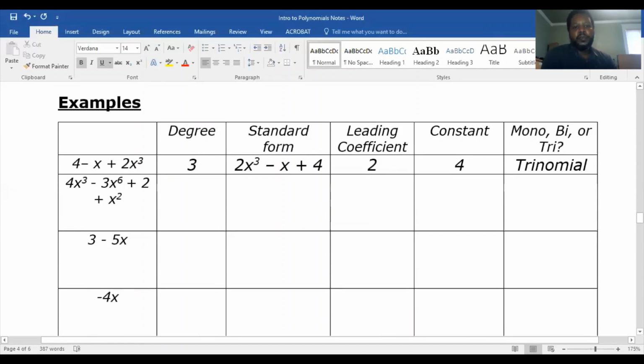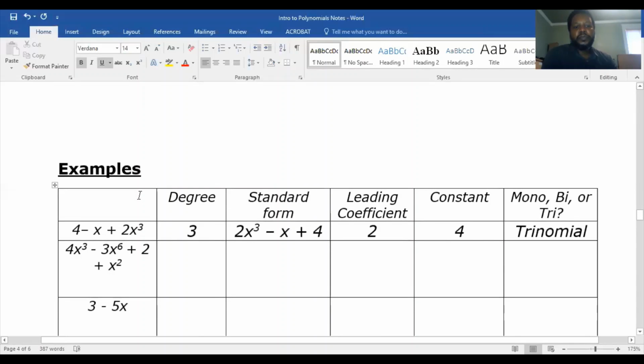We have some polynomials, and I've done the first one already. We're going to do the other ones together, but we have to name the degree of the polynomial. We have to put it in standard form, which means putting the highest one first, tell what the leading coefficient is, name the constant, and then name what kind of polynomial we have, right? Mono, bi, tri, or of course, it could just be a polynomial.